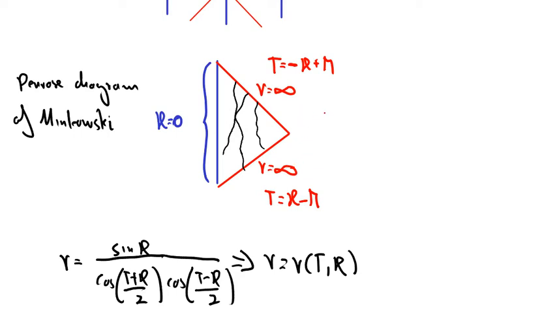If you look at the lecture about the conformal compactification of Minkowski, we had a special name for these points, which we call future null infinity and past null infinity. I'm just going to write this here in round brackets.